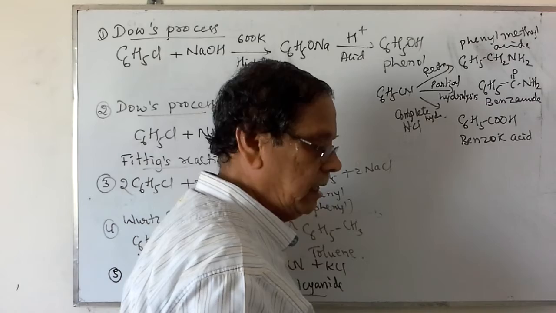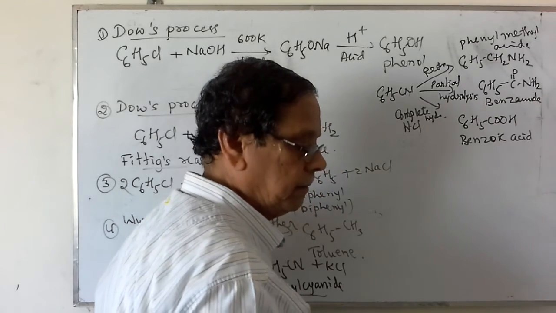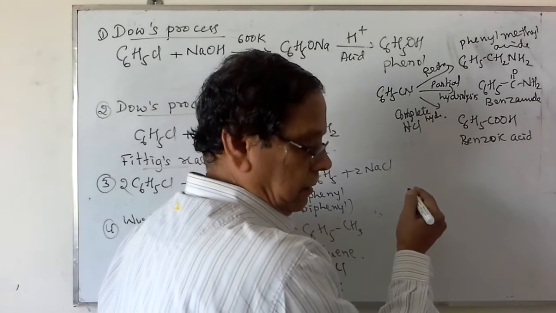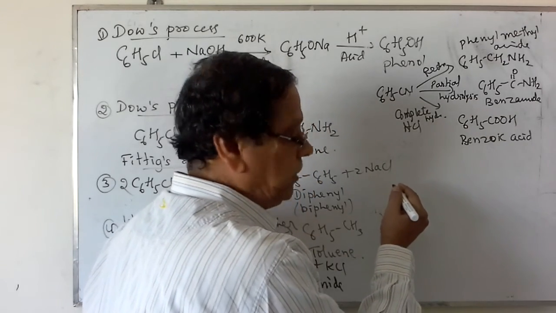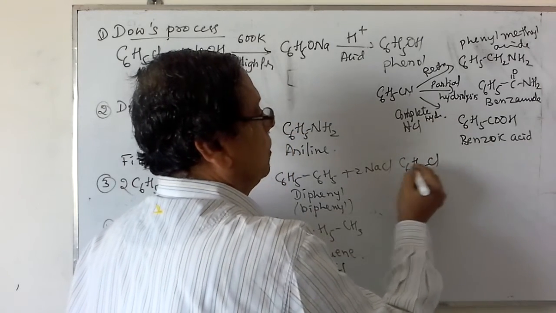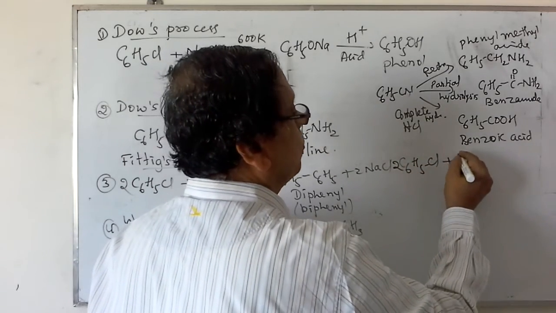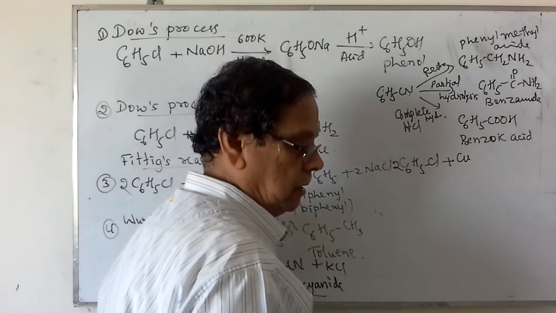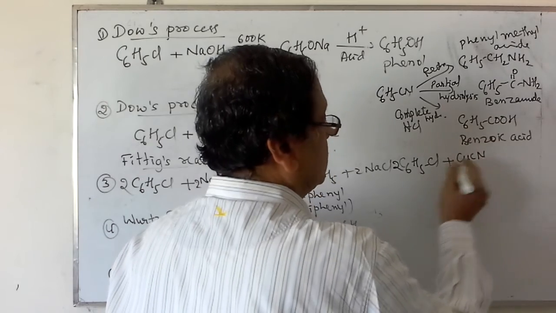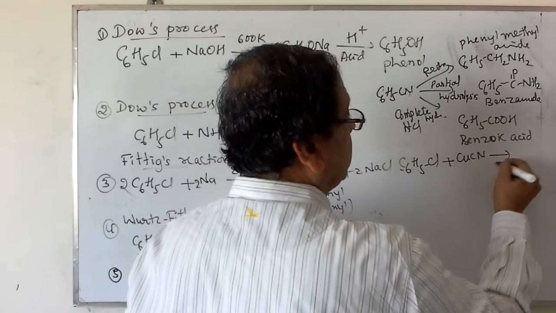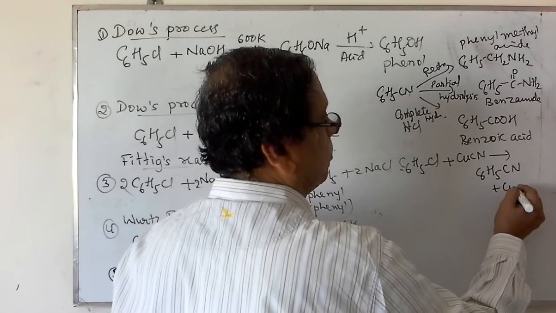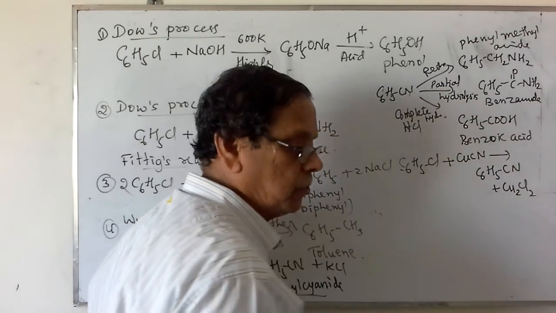The other reaction is when you take this C6H5Cl and react with cuprous cyanide, CuCN, again it will give rise to C6H5CN along with the formation of cuprous chloride, Cu2Cl2.